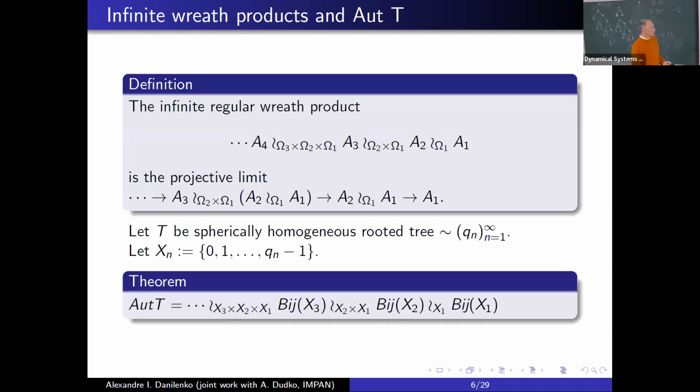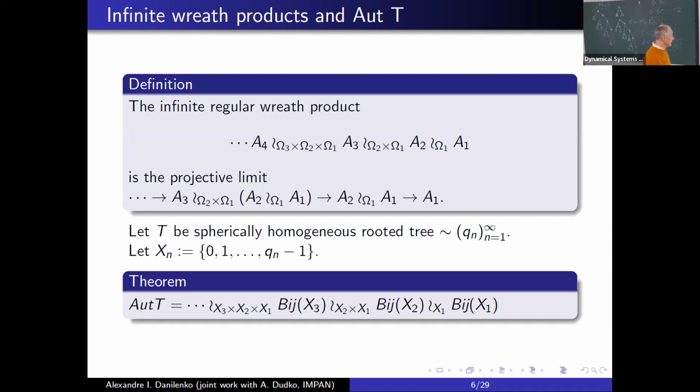Now, if T is a spherically homogeneous rooted tree, then we can consider a finite set X_n consisting of q_n points, and the group of bijections acts naturally on the corresponding set.